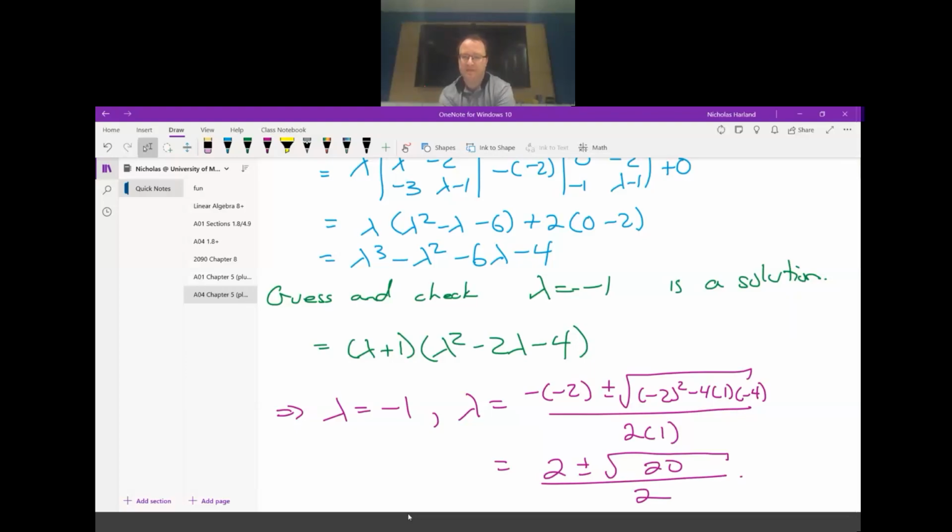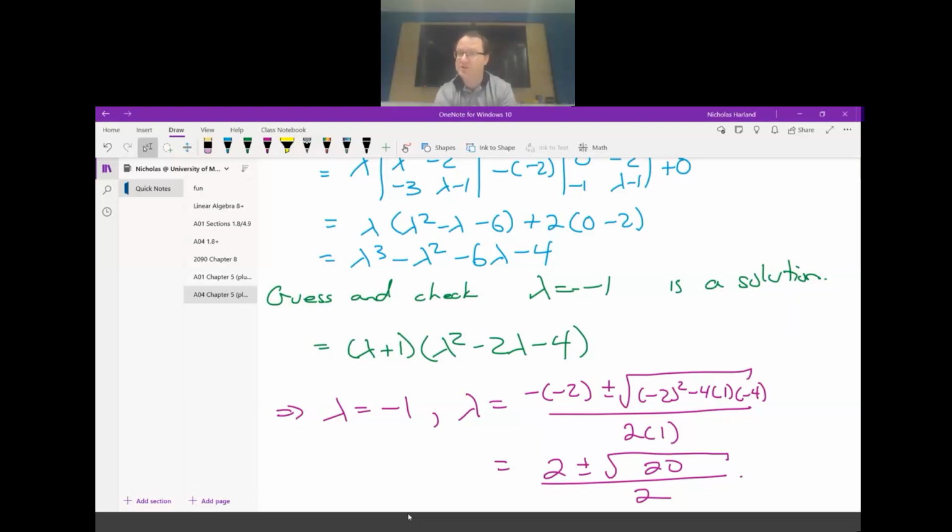There we go. And so, in this case, we get 3 eigenvalues: -1, and a couple involving square roots. And yes, that simplifies, but that's not my concern. We could simplify it to 1 plus or minus root 5. That's not my focus, but it definitely can be simplified further.